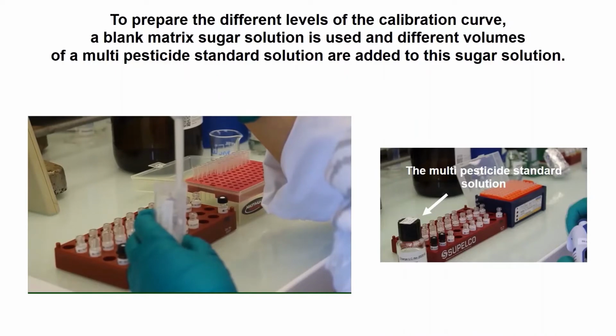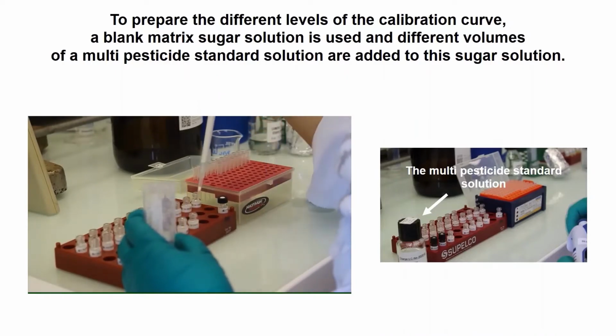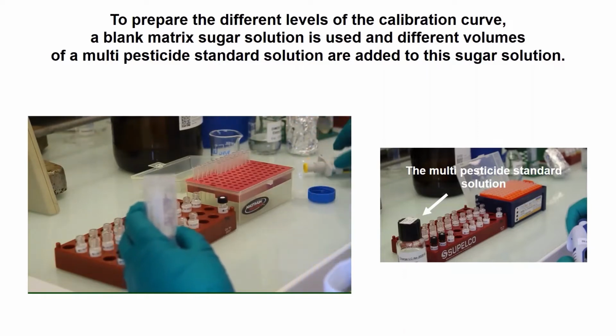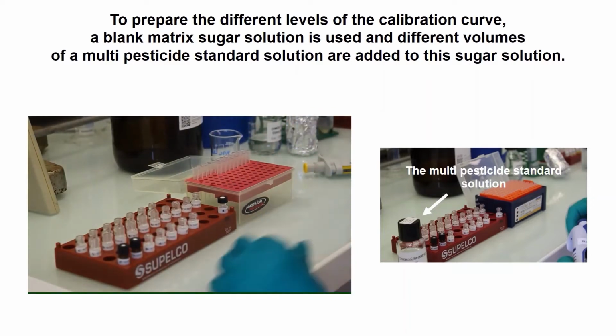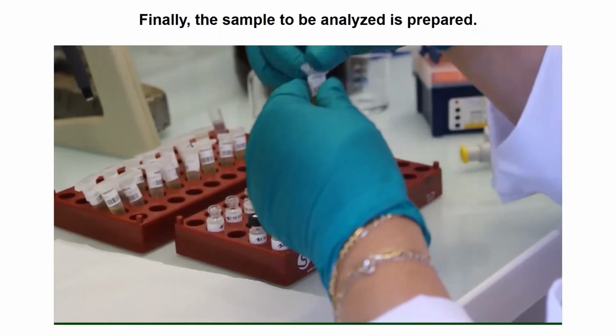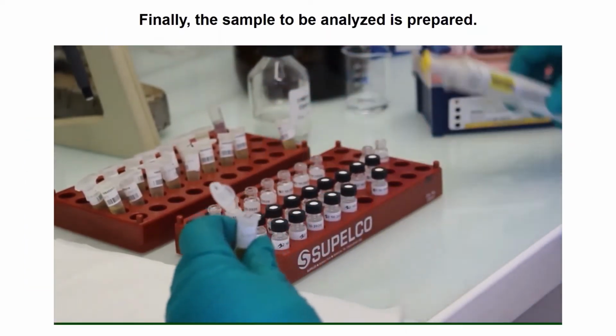To prepare the different levels of the calibration curve, a blank matrix sugar solution is used, and different volumes of a multi-pesticide standard solution are added to this sugar solution. Finally, the sample to be analyzed is prepared.